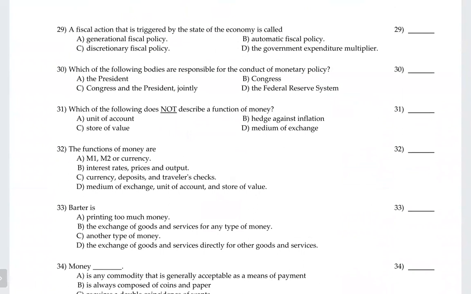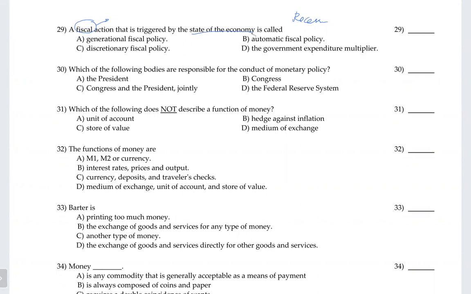A fiscal action that's triggered by the state of the economy. What does this mean? It just says there's a government fiscal policy that will automatically be put in place when the economy changes. So for example, if there's a recession, then the unemployment insurance benefit will be more widely available to the population.